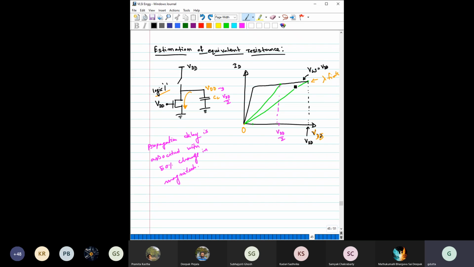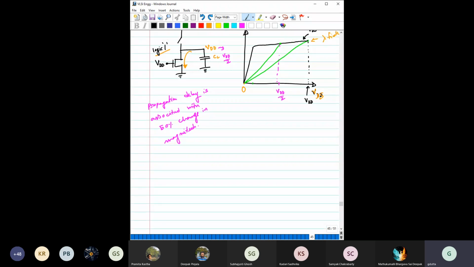When VDS equals VDD, the resistance is given by this, and when VDS equals VDD by 2, the resistance can be given by this. It is basically V by I. If you take the average between these, that gives you the average or equivalent resistance.